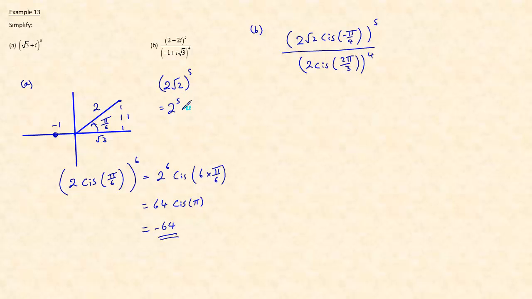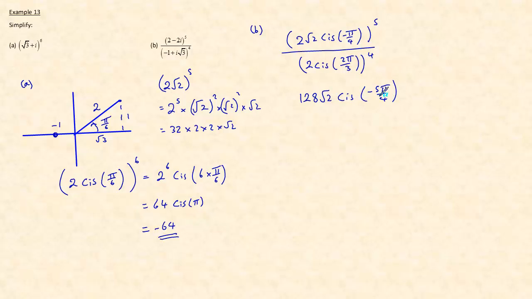That's going to be 2 to the 5 multiplied by root 2 squared times root 2 squared times root 2. So that's 32 times 2 times 2 times root 2. So that's going to be 128 root 2 cis negative 5 pi by 4.